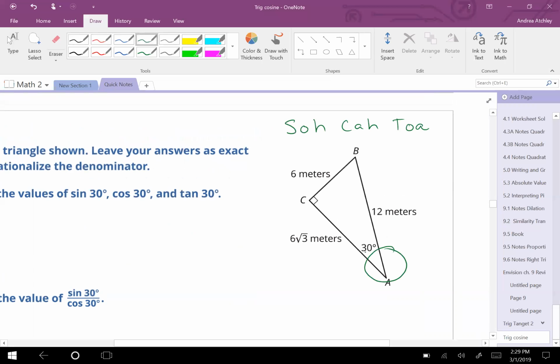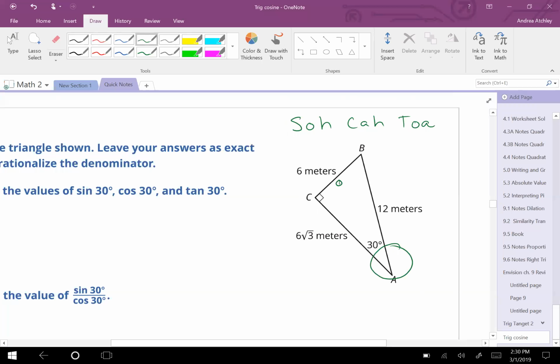Here's my 30-degree angle right there. Everybody label opposite, adjacent, and hypotenuse. Okay, Jacob, what's the opposite side? 6 is the opposite.